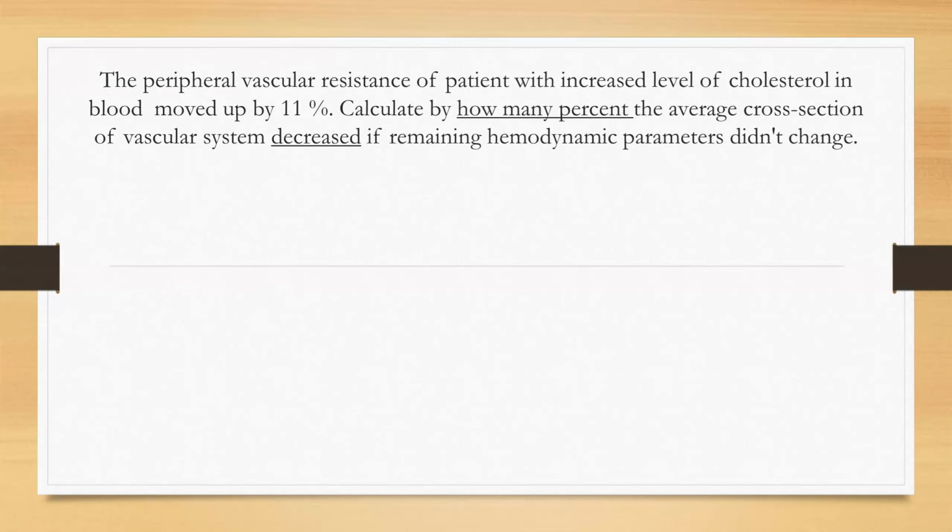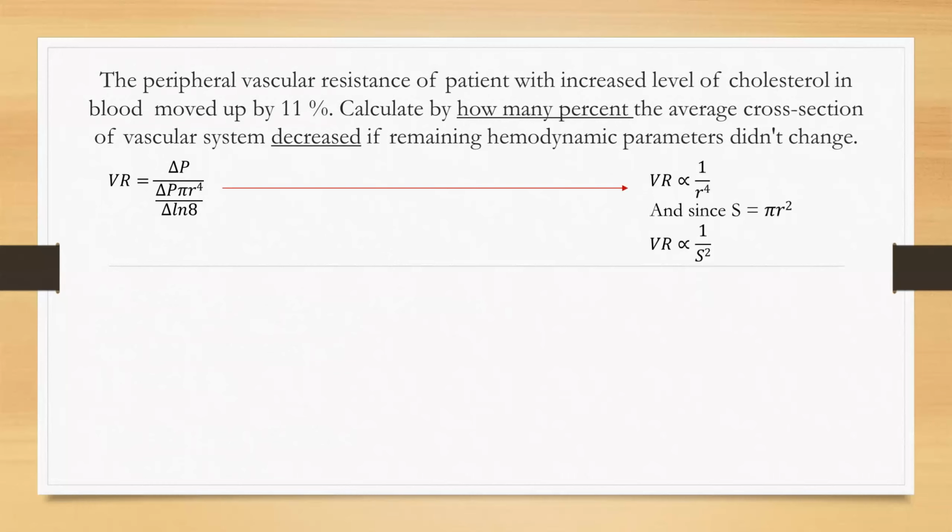So let's see. Now this is also derived from the previous formula, and you need to learn this formula so you can solve it fast. In the finals, you won't be given this, so you need to learn them. And here we have delta P over delta P pi r raised to 4 divided by delta l n 8.